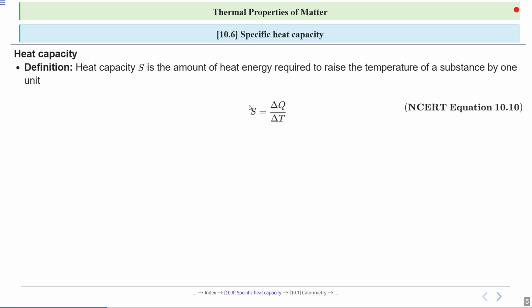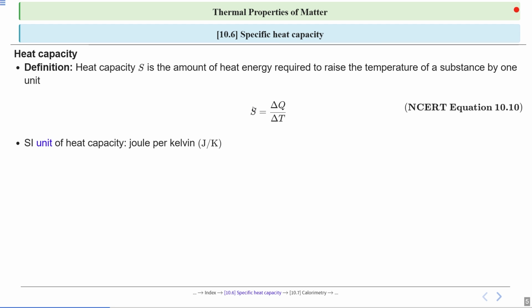Mathematically, S is equal to delta Q divided by delta T, where the SI unit of heat capacity is joule per Kelvin.